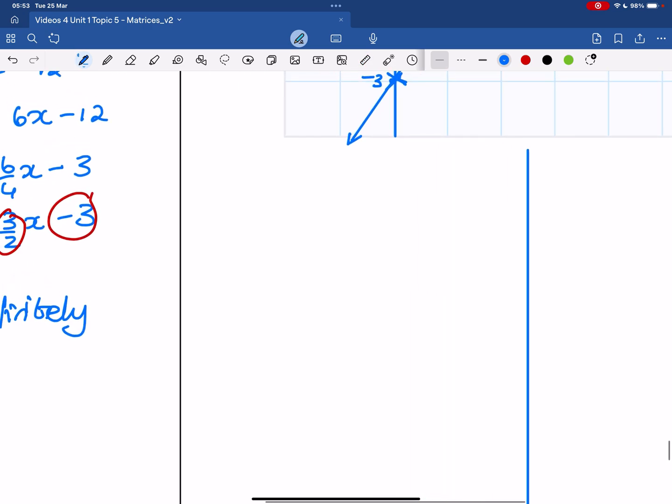So on this side, I'm going to let y be my parameter, and on the other side, we'll let x be the parameter. So we take one of our solutions, 3x minus 2y equals 6, and I'm going to rearrange that so that I get x in terms of y.